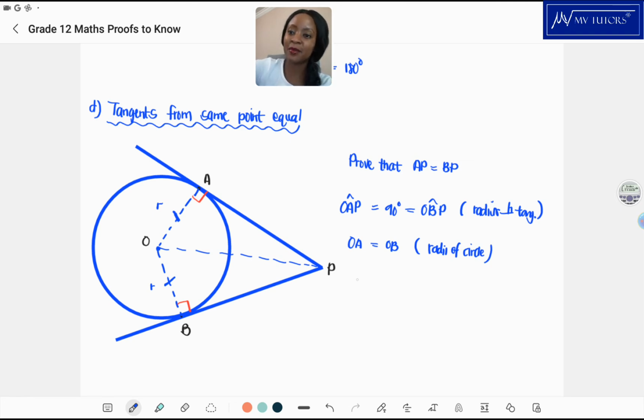In triangle AOP and triangle BOP, OP is the common side.